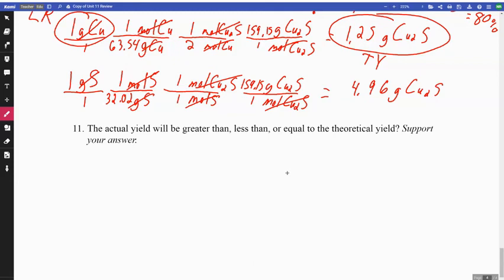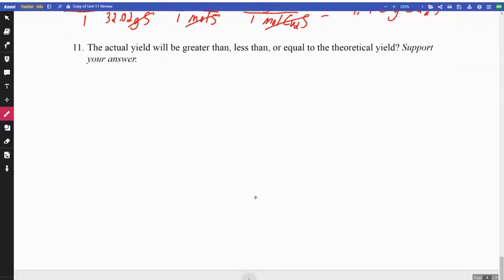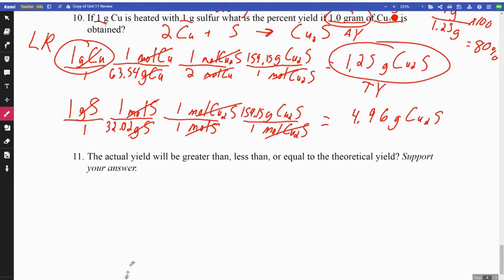There's always going to be a little bit of product loss. There's always going to be something that happens so that you don't get 100% yield. Okay, you cannot get higher than the maximum amount possible. That is why the actual yield is less than the theoretical yield. Okay, and that is that. Good luck on your test.